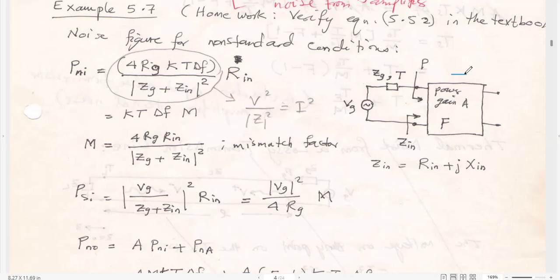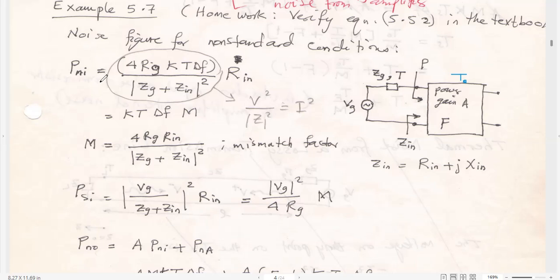There is mismatch here. Zg does not in general equal Z input, and the power gain is A, and the noise figure is F. Z input equals in general R input plus jX input, and also Zg equals Rg plus jXg.